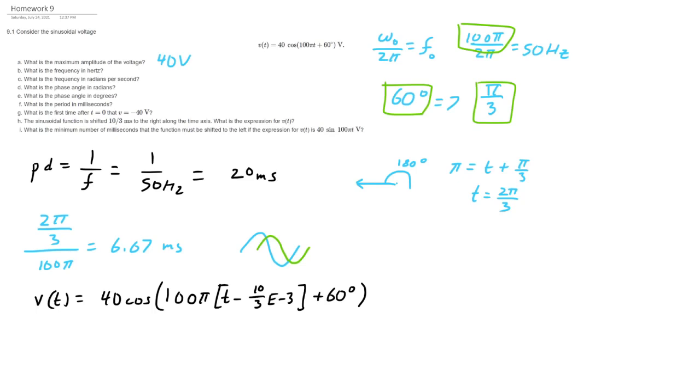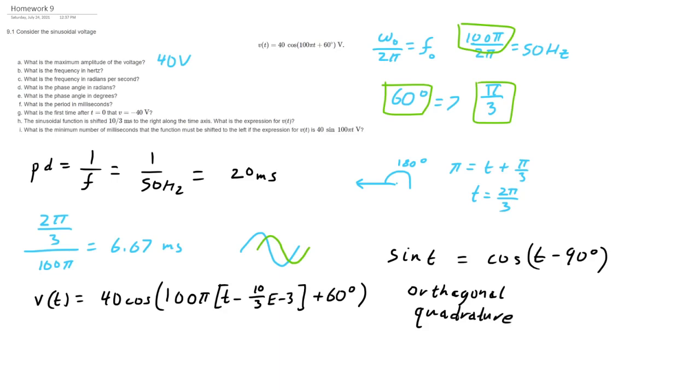So if you remember some trig identities, sine of t is going to be cosine of t minus 90 degrees, or pi over 2. The cosine and sine are orthogonal to each other, or in other words, they are in quadrature.